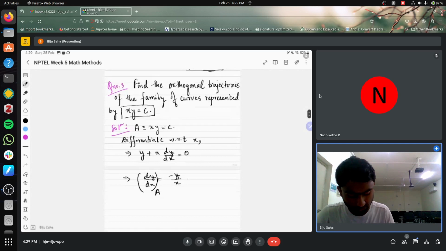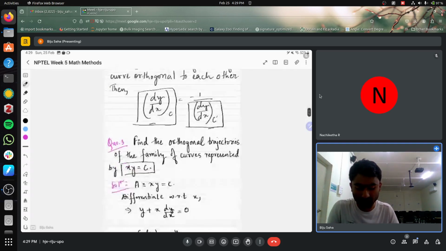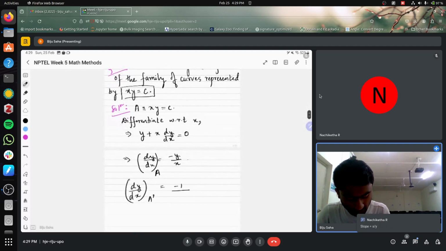Okay, so the other family of curves, which is orthogonal to this, call it A dash. Its slope is minus 1 by the slope of this.